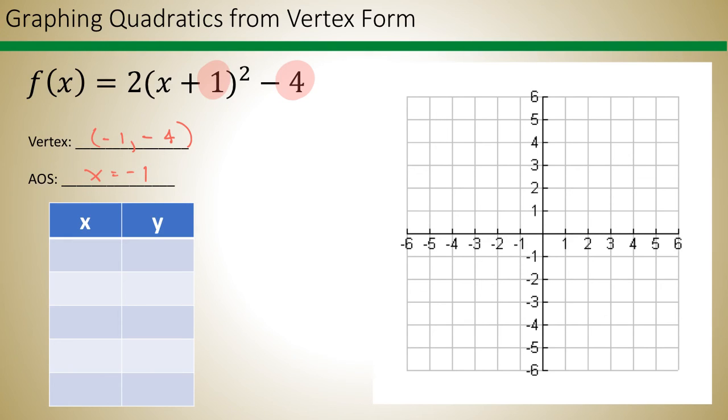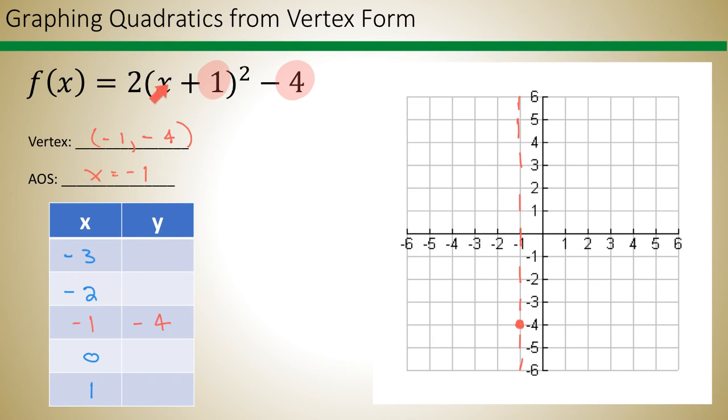So I have this point and the axis of symmetry going through that point. Okay, so we're going to put -1, -4 on our table, and then other x values we could use -3, -2, 0, and 1, and now we're going to sub those in.